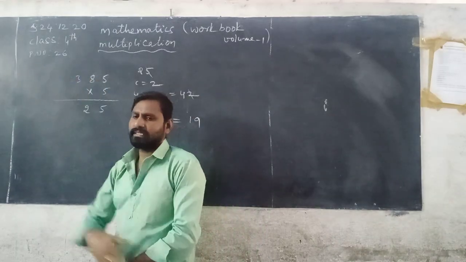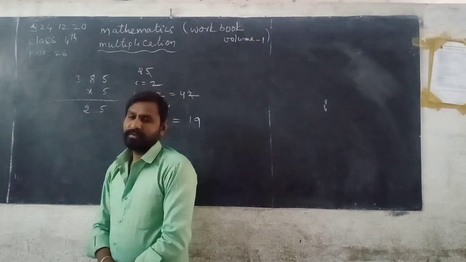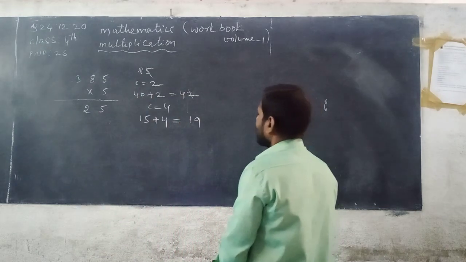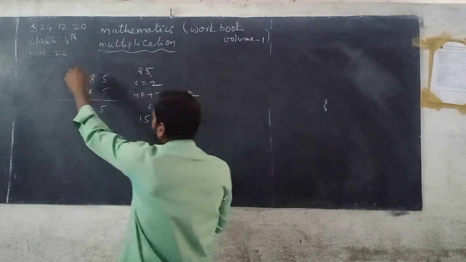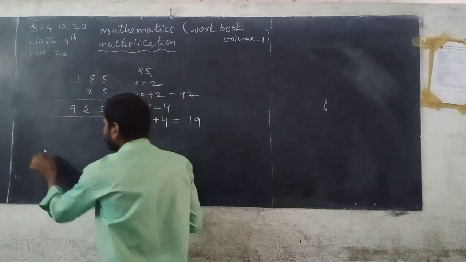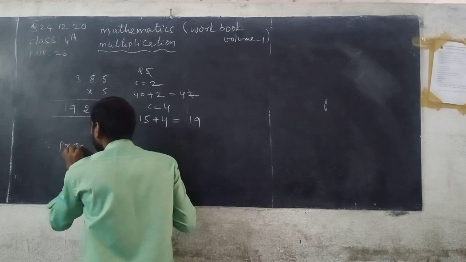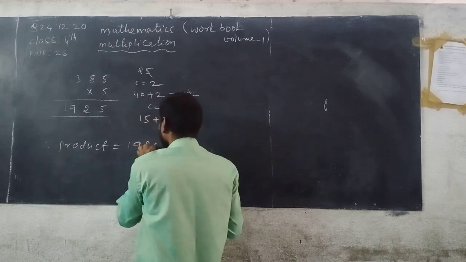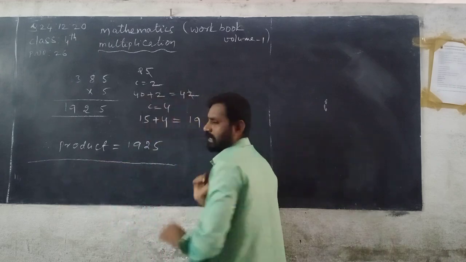After 3 there is nothing, before there are no places. So here you can write 19 in the 100's column of the product. Therefore the product is 1925. Write down, everybody.